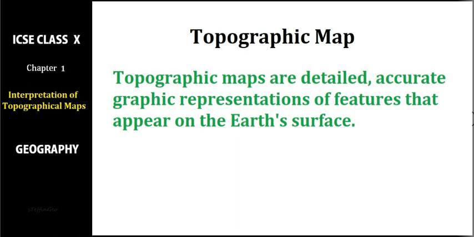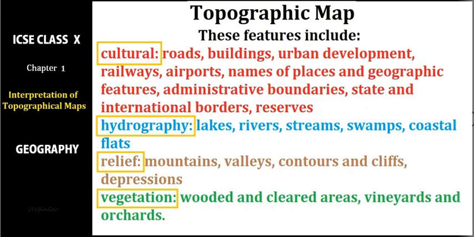These are maps that are detailed, accurate graphic representations of features that appear on Earth's surface. Or a large-scale map which shows both physical features as well as human-made features is called a topographic map. Right. Now, the main features which a topographic map shows are the cultural or human-made features as well as the physical features.